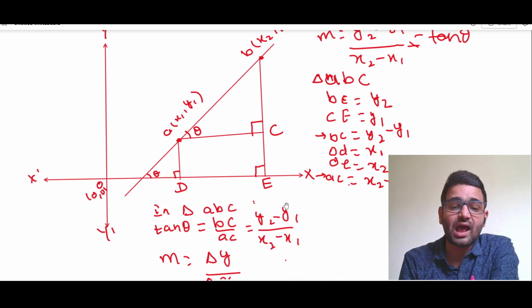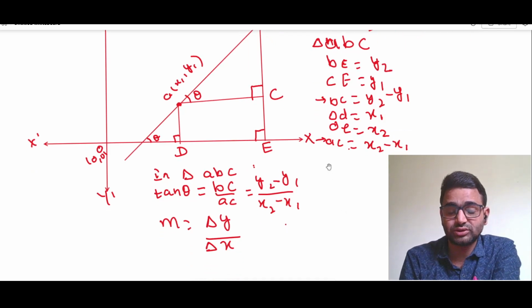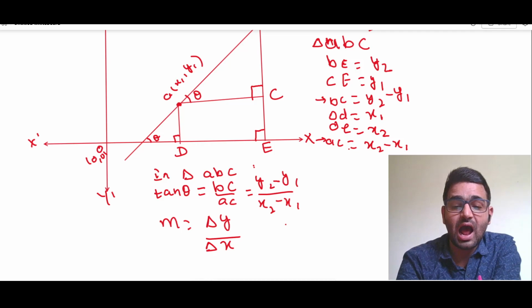Through that, we have come to the conclusion that m is equal to y2 minus y1 by x2 minus x1, that means this slope is equal to this, and this is equal to tan theta. I hope you have understood it well.